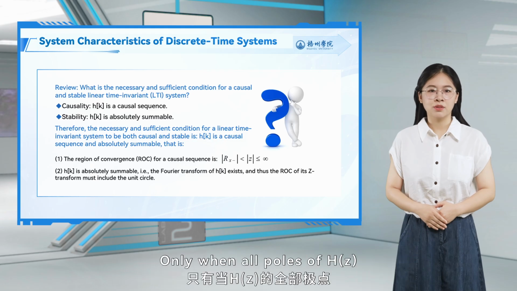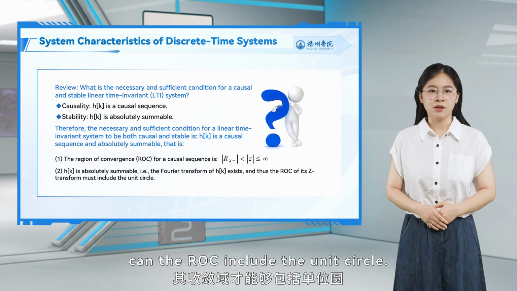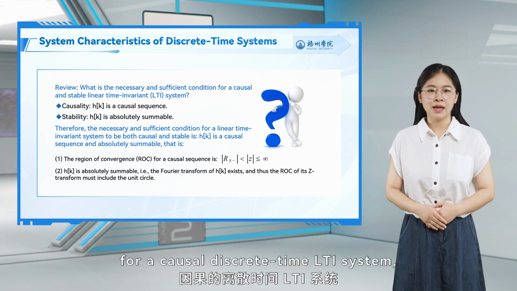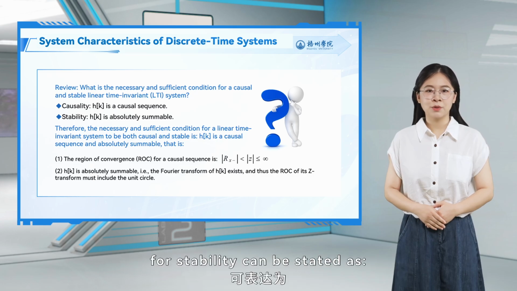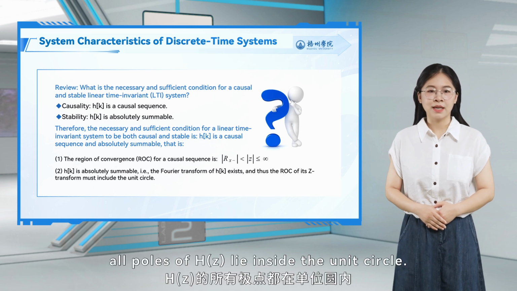Only when all poles of H(z) lie inside the unit circle in the z-plane can the ROC include the unit circle. Therefore, for a causal discrete time LTI system, the necessary and sufficient condition for stability can be stated as: all poles of H(z) lie inside the unit circle.